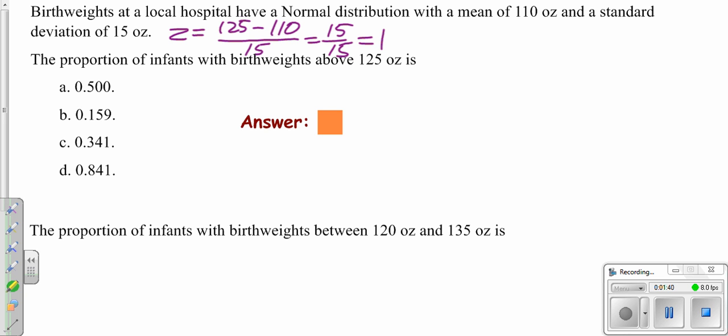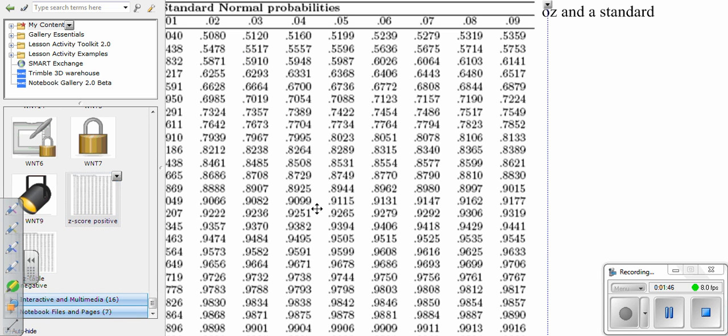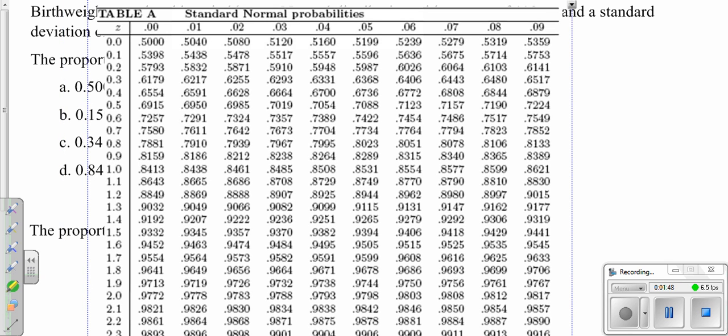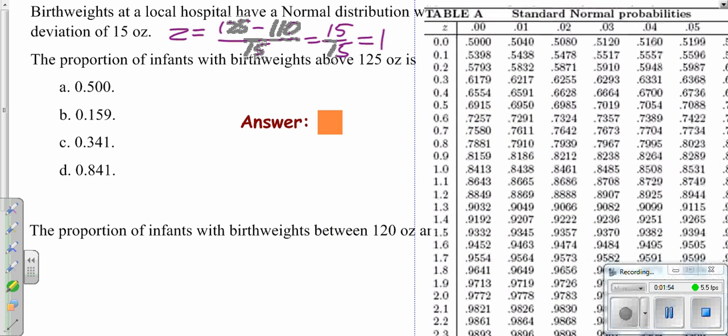We need to then go ahead and look at our table because this is only our z. Look for a positive 1.00. Well, a positive 1.00 is what we have here. So I then need to look that up here. Positive 1.00 would be right here.